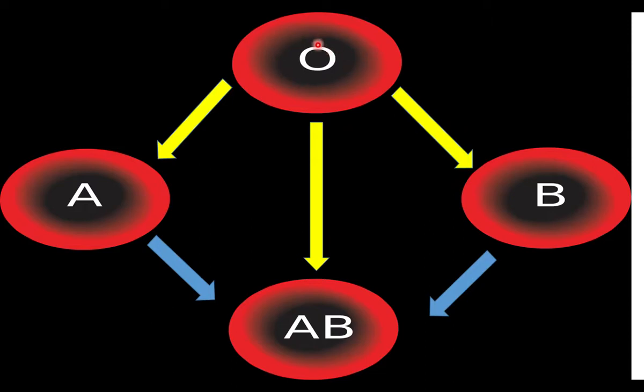O blood group individual can give blood to all: A, AB, B, and O. So O blood group individual is called the universal donor. Which blood group is called the universal donor? O. What's the reason? O blood has no antigen, so it will be compatible. It will match all other types. So O is the universal donor.